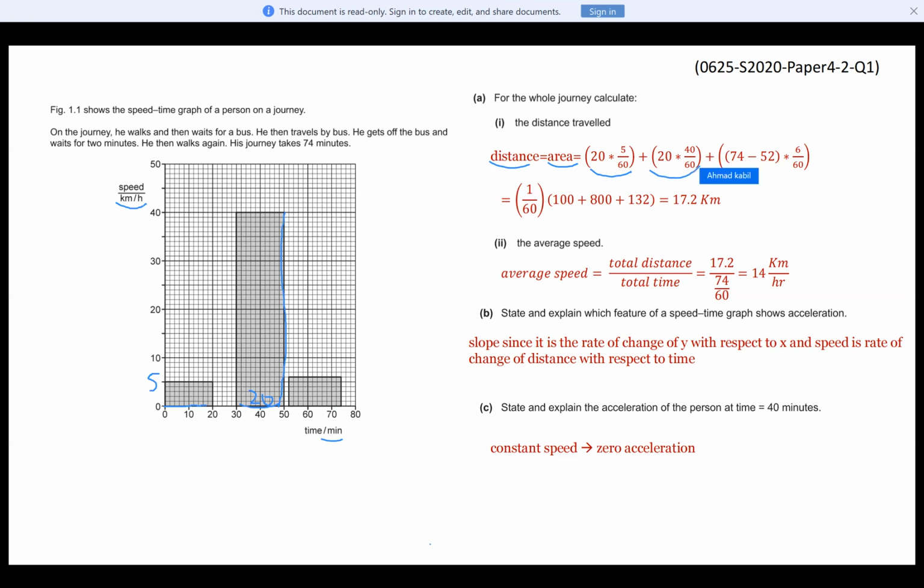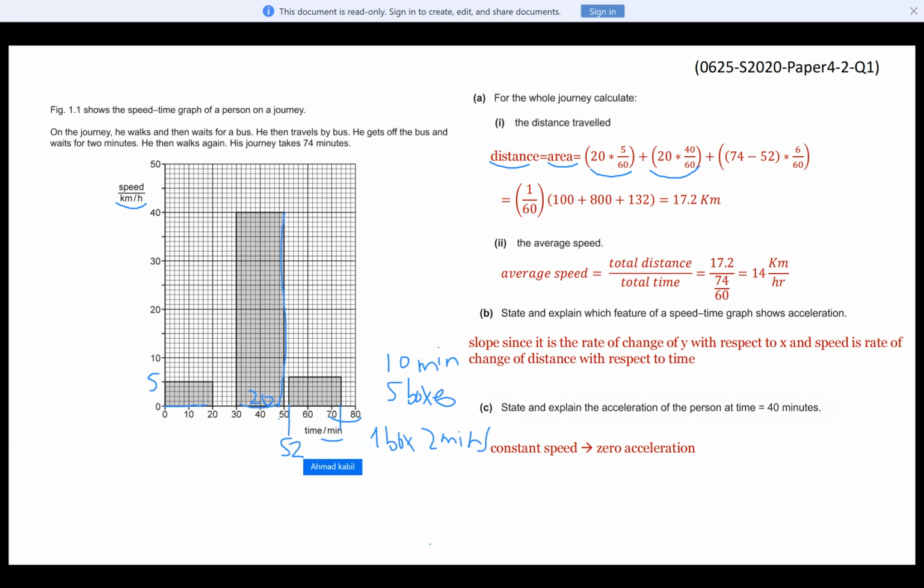Finally, for the third box, you have to realize that it begins at this point and ends at this point. So you need the value of one small box. So from 70 to 80, you have 5 boxes. And this gives you 10 minutes. So one box has to give you 2 minutes. So therefore, the first box gives you 2 minutes, which is 52.